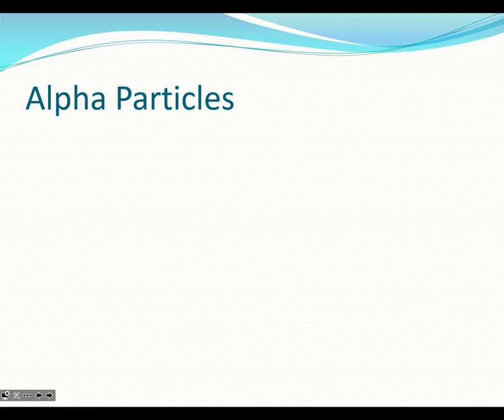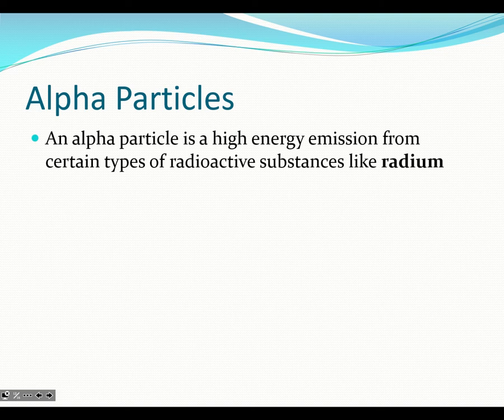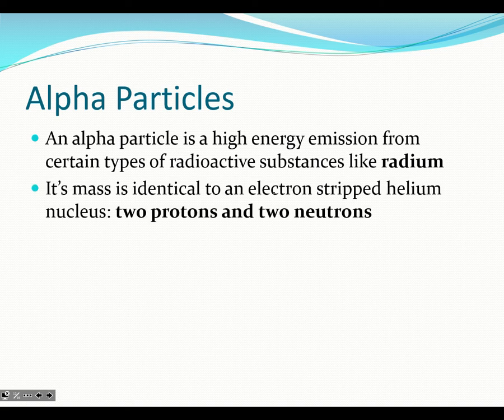So, alpha particles. An alpha particle we've talked about before, and they are high energy emissions from certain types of radioactive substances like radium. So if you want to get alpha particles, you just get radium, and radium shoots off alpha particles all the time. An alpha particle is identical to an electron-stripped helium nucleus.